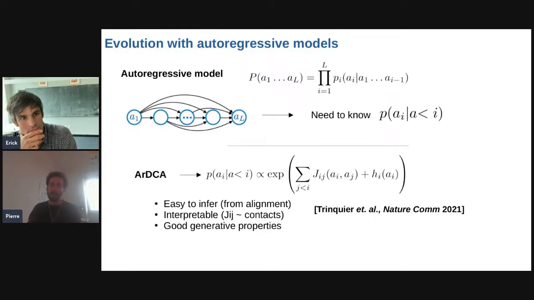The problem is then you have L factorial possible arrangements of this autoregressive thing, and we don't really know what to do. Interesting point, but I don't really know how to answer this, because there is an infinite amount of things that we can try, and we don't have a very good theoretical thing to guide us.